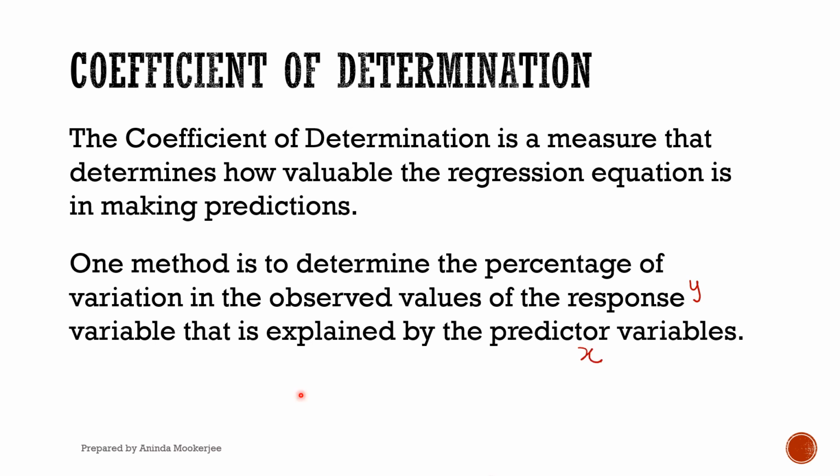So using the formula of the coefficient of determination, we will come up with a proportion value, a quantity which we can translate into a percentage, and that percentage is really the variation in the observed values of the response variable explained by the predictor variables.